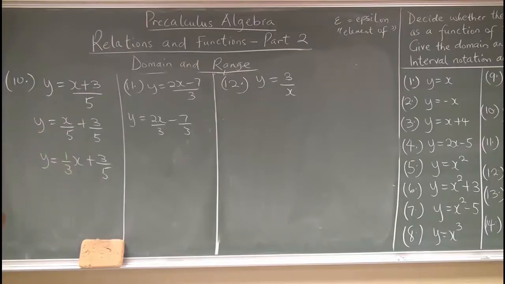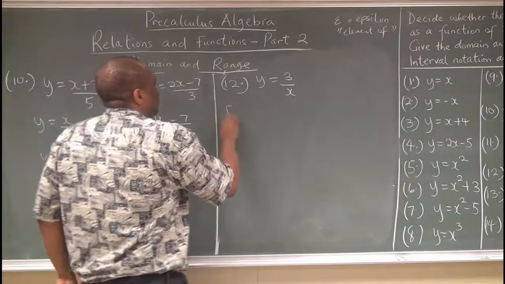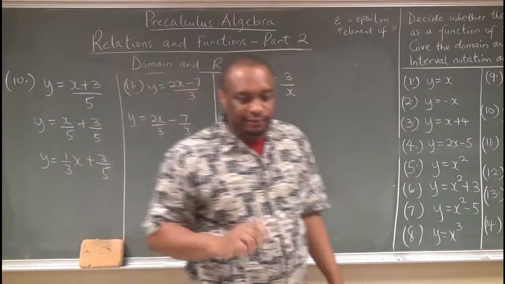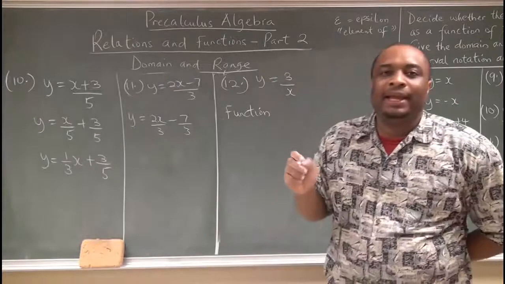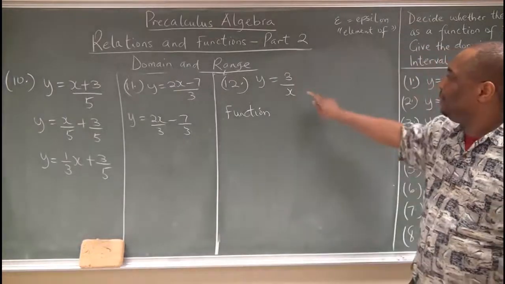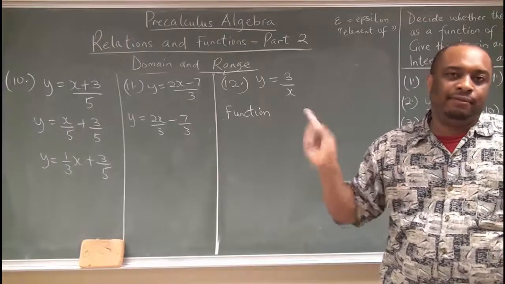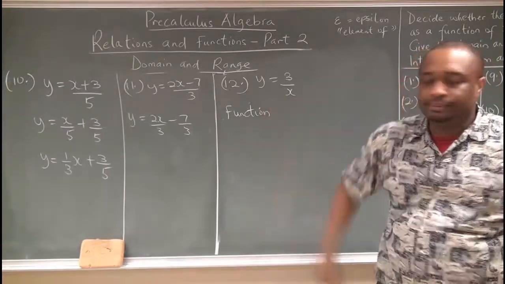So, let's just think about it now. You ask yourself this question. Is there anything you can put as x such that it won't have an output, it won't have a result?